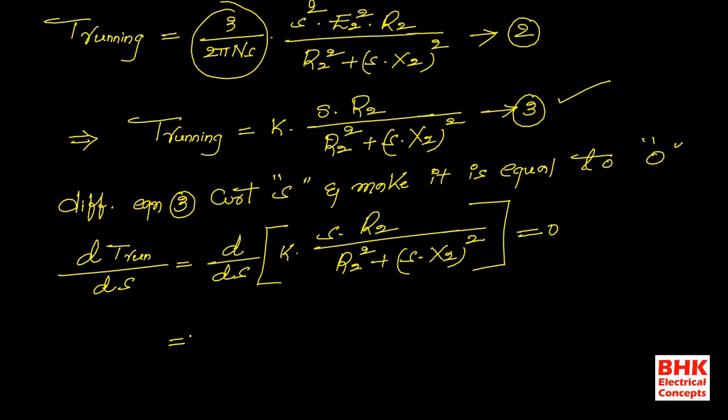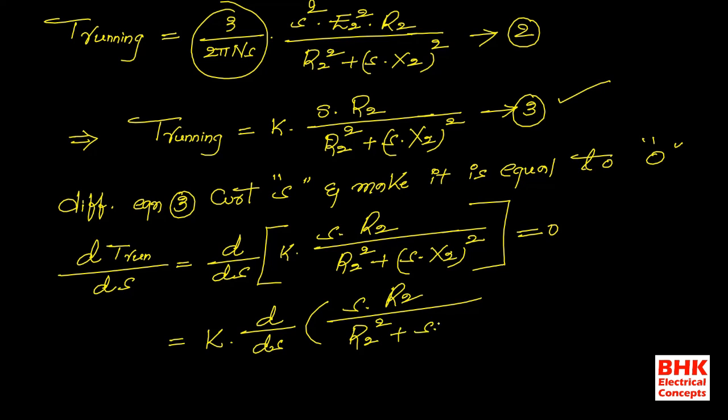Clear? Now K is a constant term, so I am bringing this K outside, and the remaining is d divided by dS of S into R2 divided by R2 square plus S into X2 square, equal to 0.